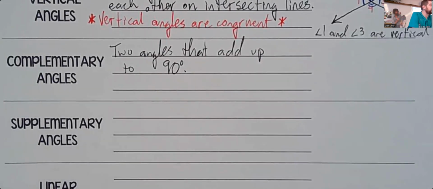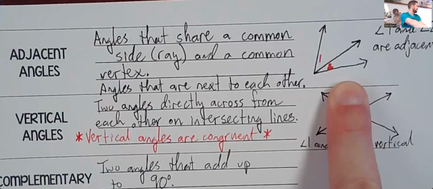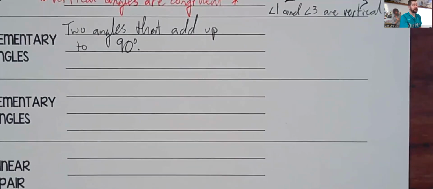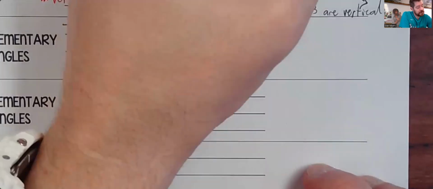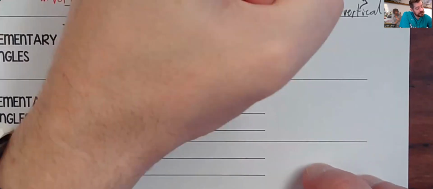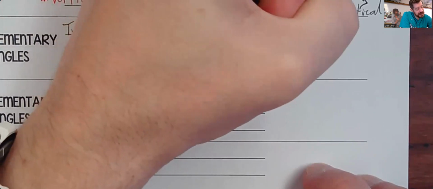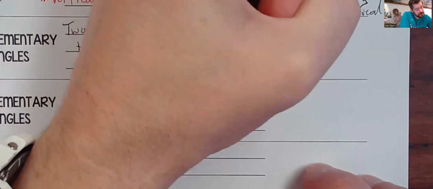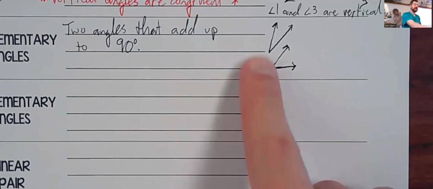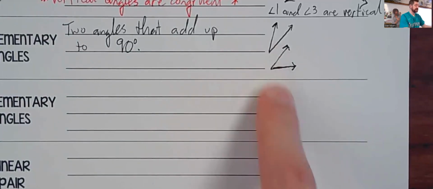I'm going to show you 2 ways that angles could be complementary. Sometimes they're adjacent, sometimes they're not adjacent. So sometimes they look like this up here, and sometimes they don't. So, for example, if you have an angle that looks like this, and then you have a separate angle down here that looks like that, I think we can agree that these angles are not attached, so they're not adjacent.